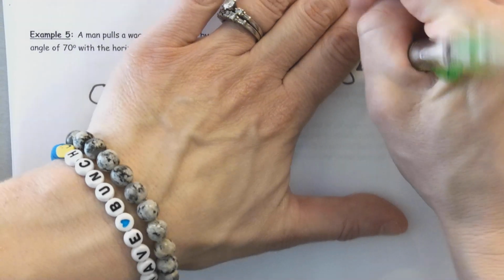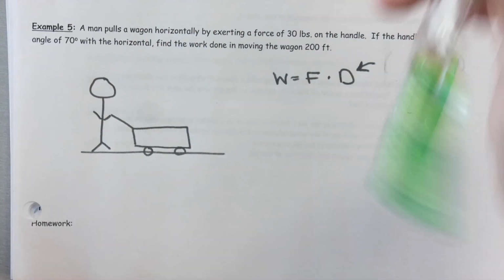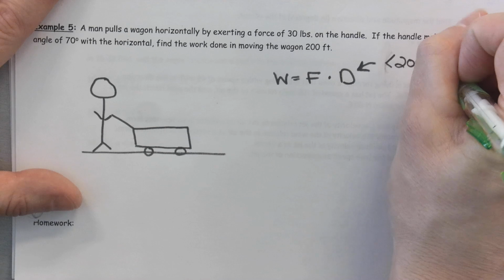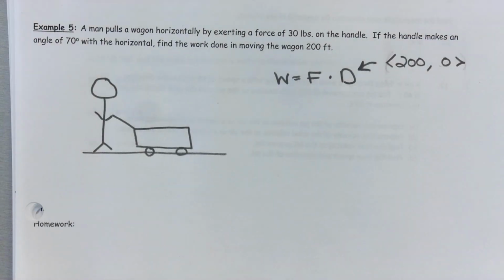And I want the component notation. So 200 feet, and it's on flat ground, so we're not moving anywhere vertically. If there's a vertical change, they'll let you know, like, the elevation changed by 5 feet over the course of the 200 feet. So we would let you know that information if there was some. So we have that part.